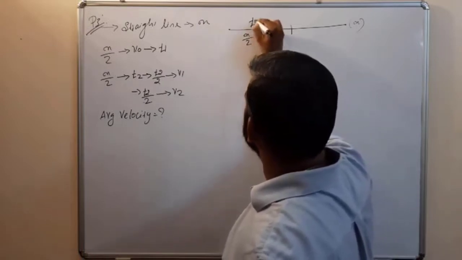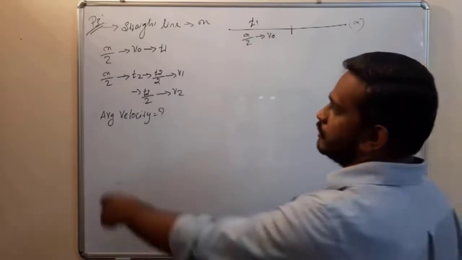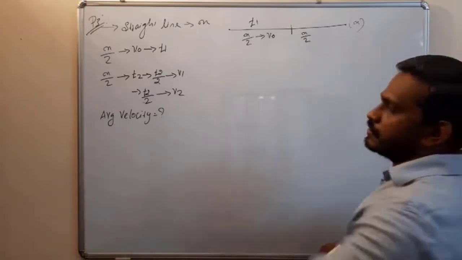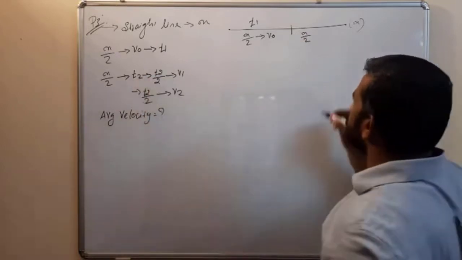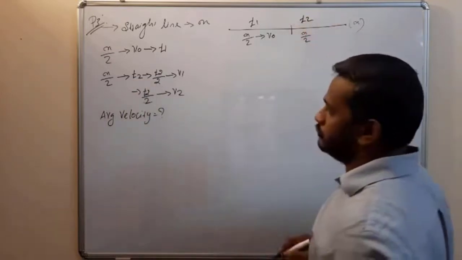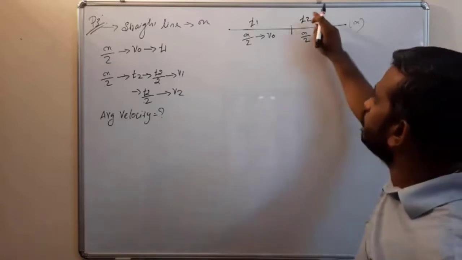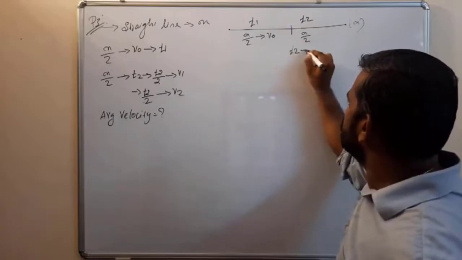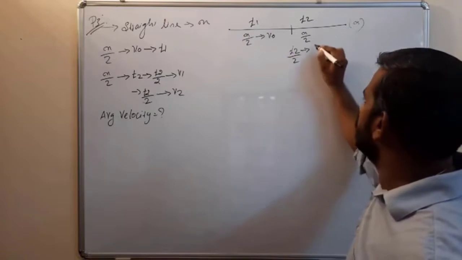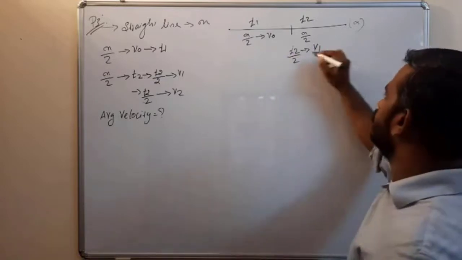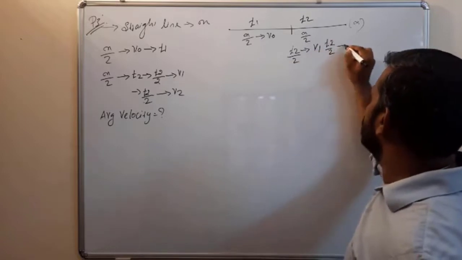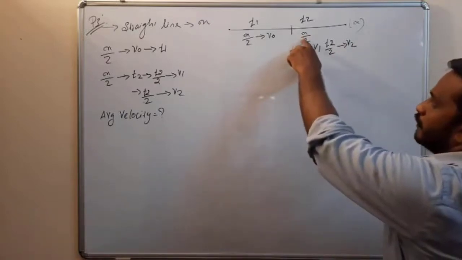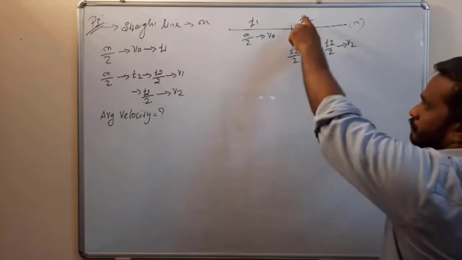So it takes the time t1. The remaining half of the distance, x by 2, is covered with the time t2.